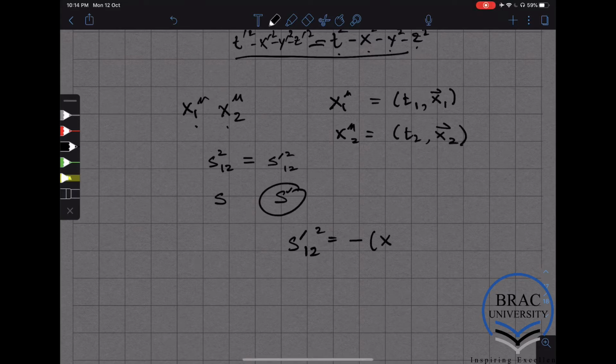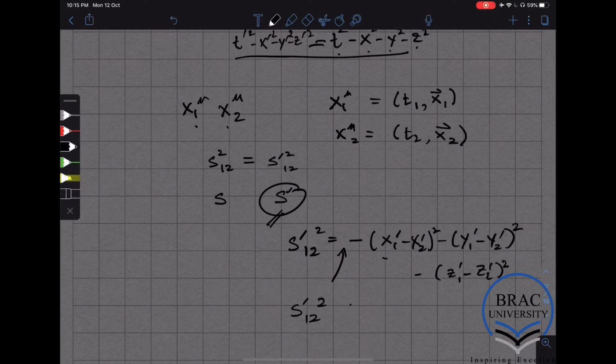So that this becomes x1 prime minus x2 prime squared, minus y1 prime minus y2 prime squared, minus z1 prime minus z2 prime squared. Because in this reference frame the time part is 0, we are just adding a bunch of negative numbers. Therefore, S prime of 1, 2 squared must be negative.